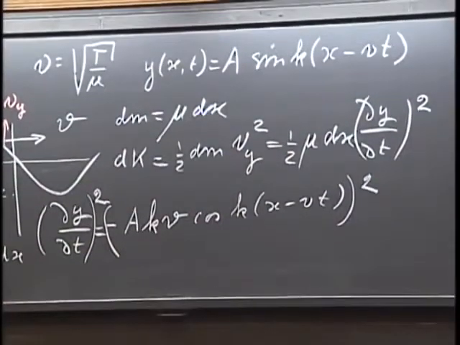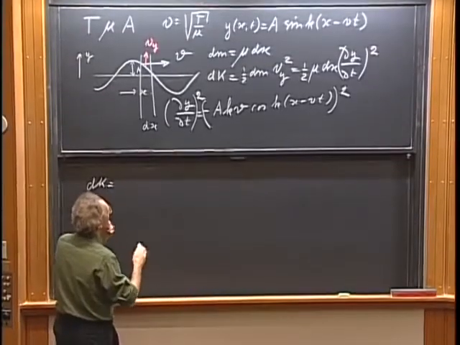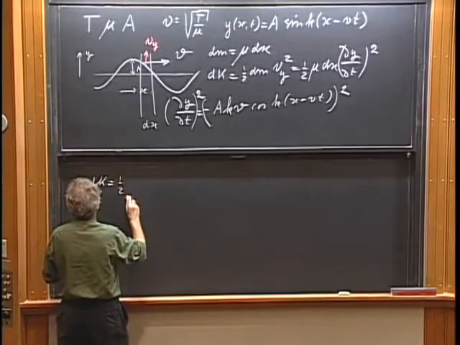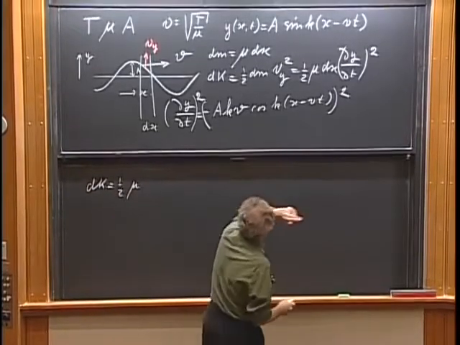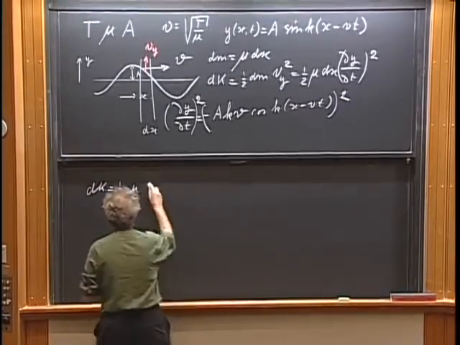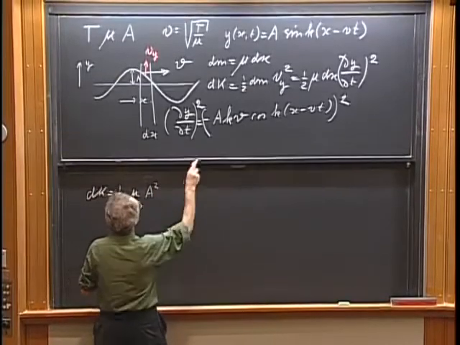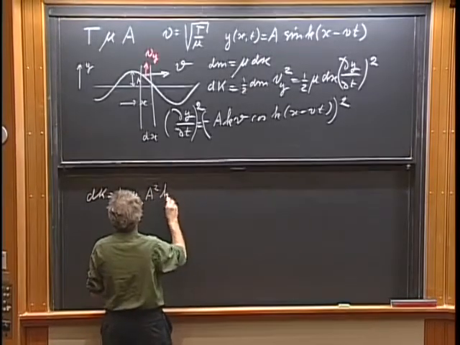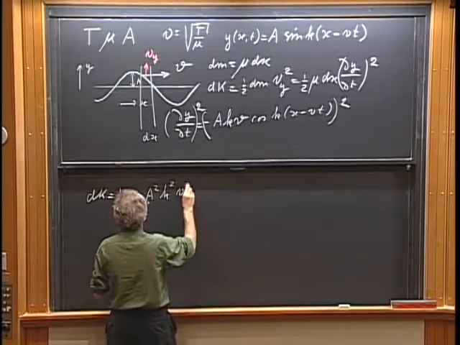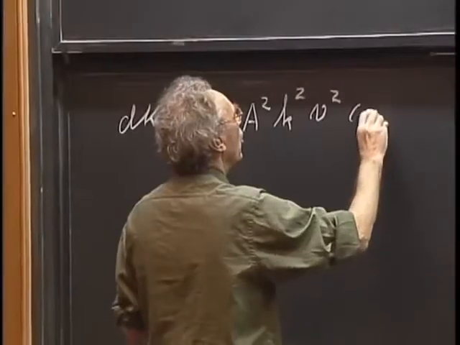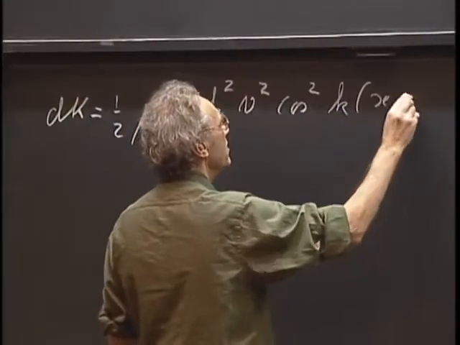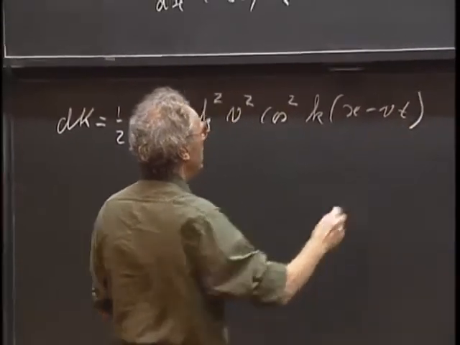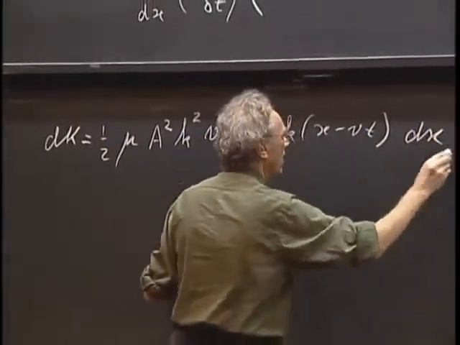So dK can now be written as 1/2 times mu, and I will leave the dx all the way at the end. And so I'll get A squared, I will get k squared, I will get v squared, and I will get the cosine squared of k times (x minus vt), and then at the very end I get my dx.